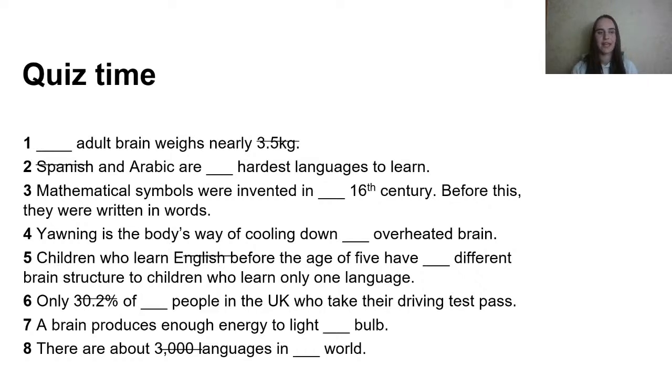So the first one, the adult brain weighs nearly 3.5 kilos. That's right, well done. You talk here about the specific term, this particular adult brain, which is already weighing.